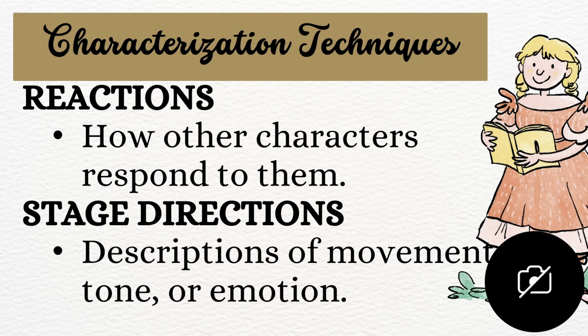So that is what we call characterization. Your personality should be the personality of the character. As a writer, you would achieve that using the things we have mentioned: dialogue, reaction, stage directions, and the others mentioned a while ago.